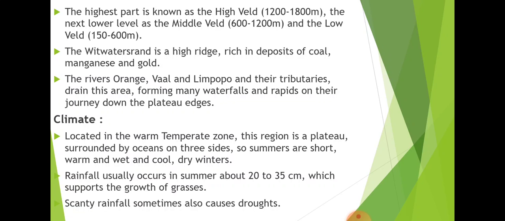This region is surrounded by three side water bodies. From the east side it is the Indian Ocean, from the west it is the Atlantic, and from the south it is covered by the Southern Ocean. As a result, the region enjoys a moderate oceanic climate with warm summers and cool dry winters.